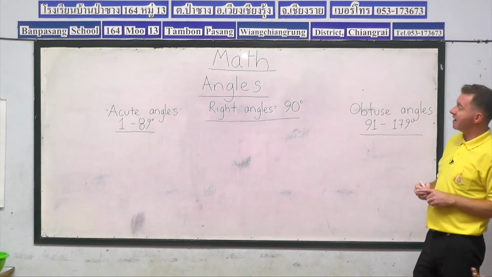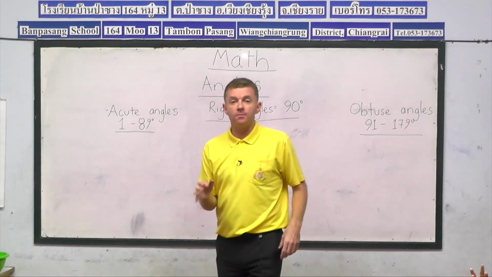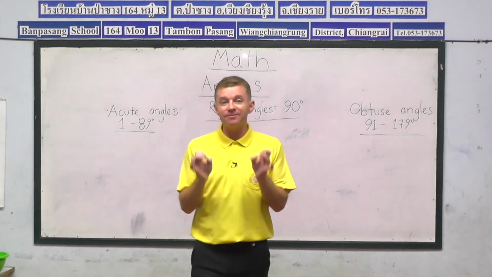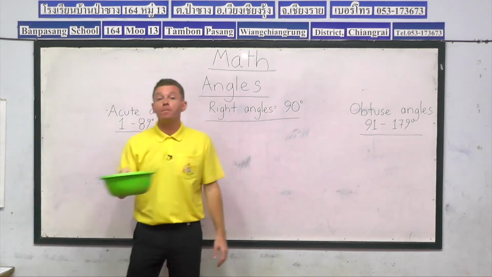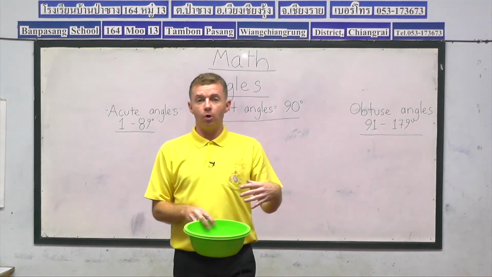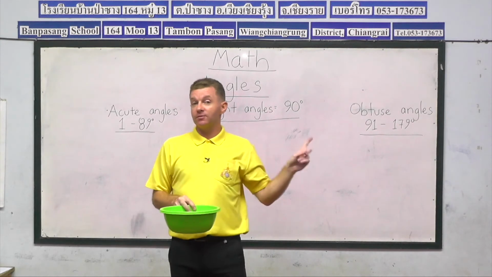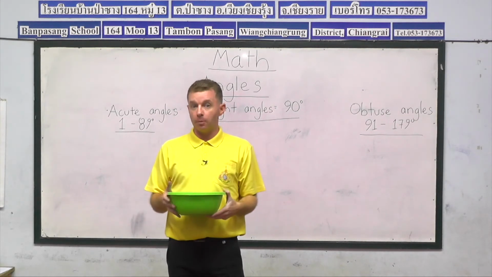So here we have our three types of angles. And teachers, what you need to do is print off the flash sheets and cut each of the angle names into individual cards. Fold them and place them into a bowl or tray. What we're going to do is have students come forward, choose one of the angles, and then demonstrate their understanding by drawing and designing their own angle on the board.